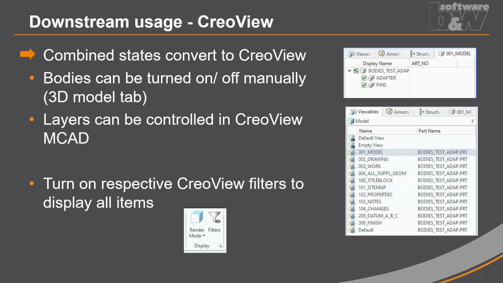But for my case, it wasn't really necessary so far because I'm using these layer states, and you can control the combined states in Creo View as well. Keep in mind to turn on the respective Creo View filters to display all the items that you want to see, because if you don't do this, you don't see the items.